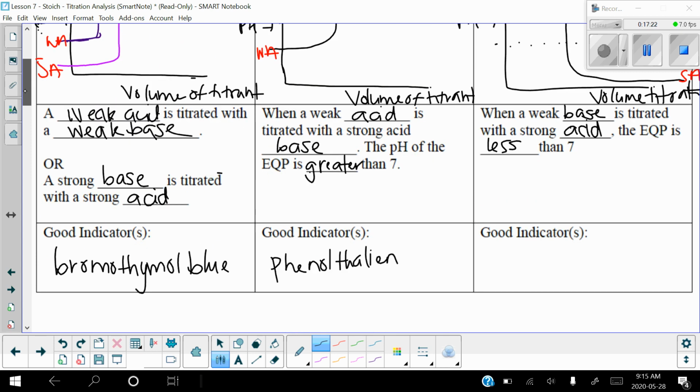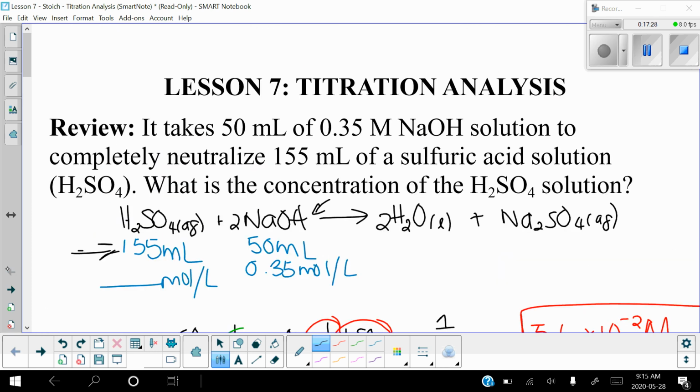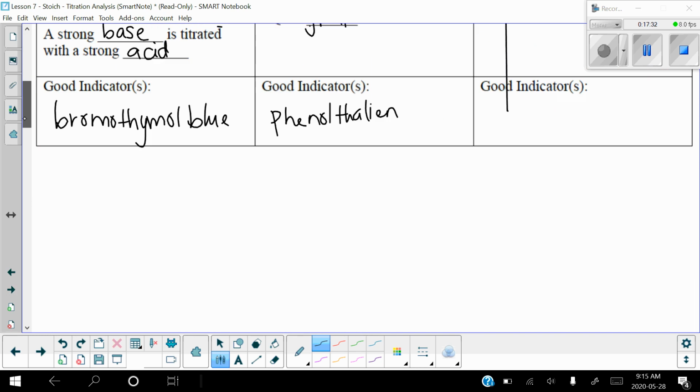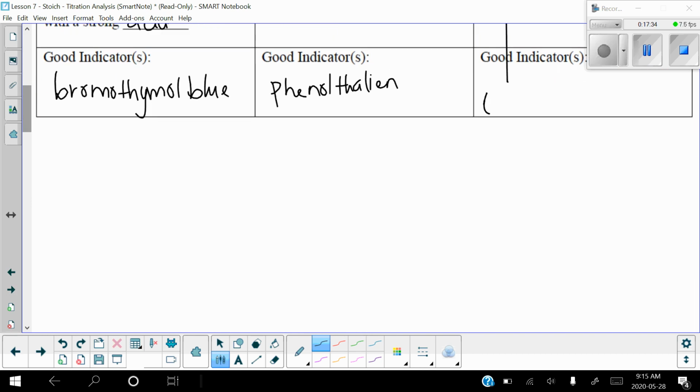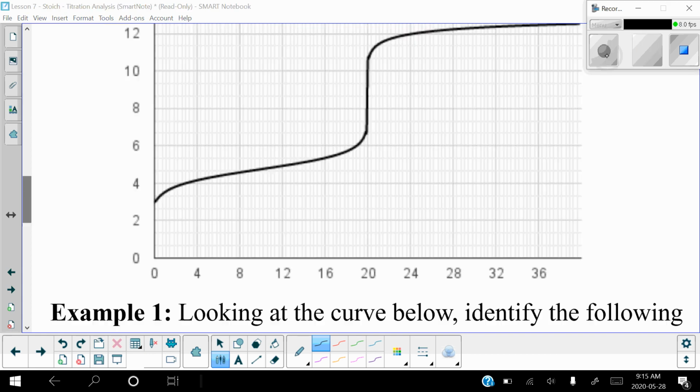So a good indicator for this would be maybe methyl orange, something in that acidic range. Depending on, if you have more information, then you would pick a very specific indicator.